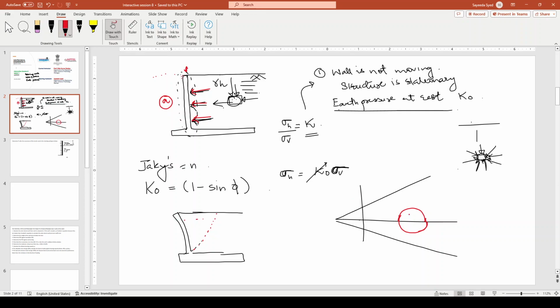So that is what happens, and in the active pressure, the vertical will be same but the horizontal reduces, to a point that your soil fails. Sorry for the bad diagram. So there will be a failure.